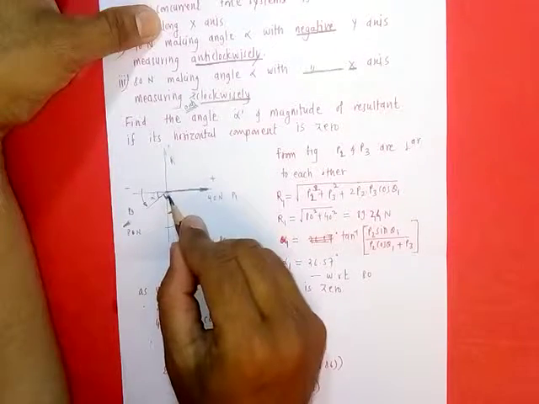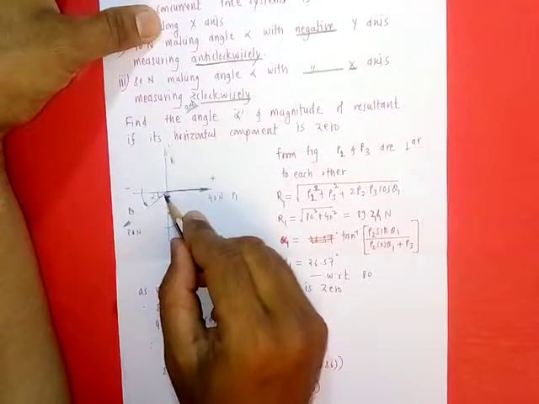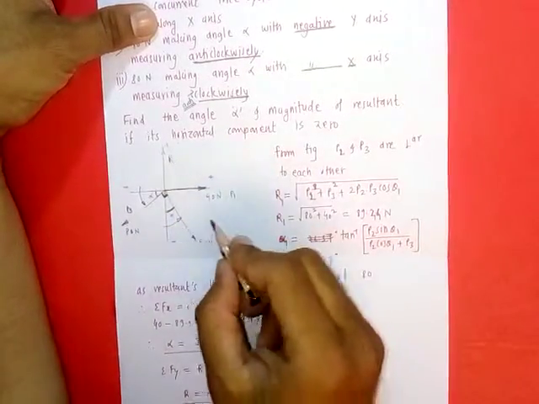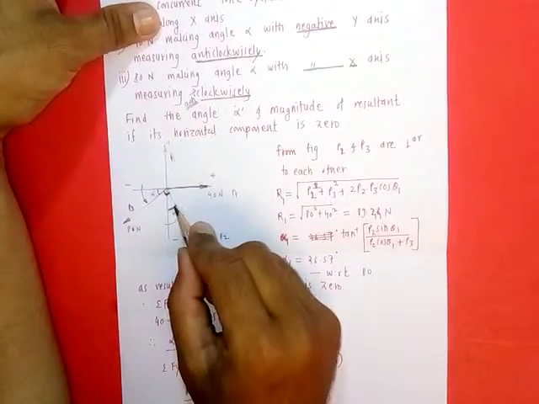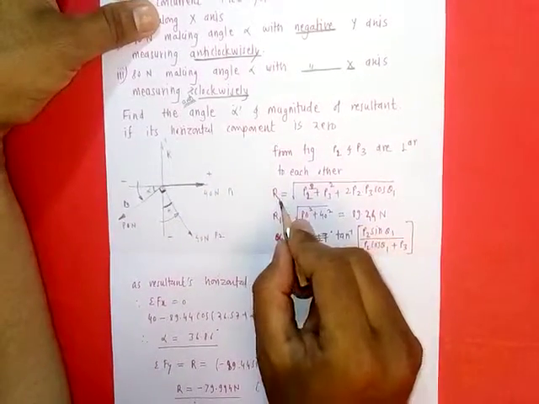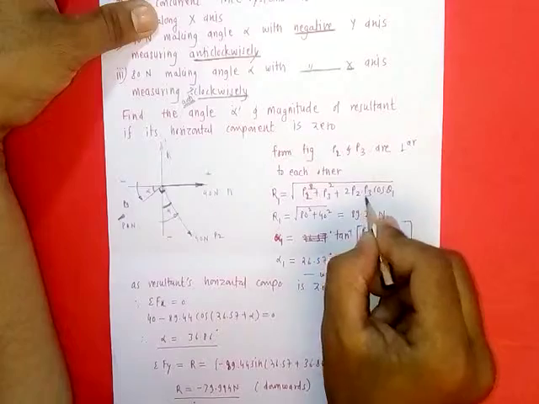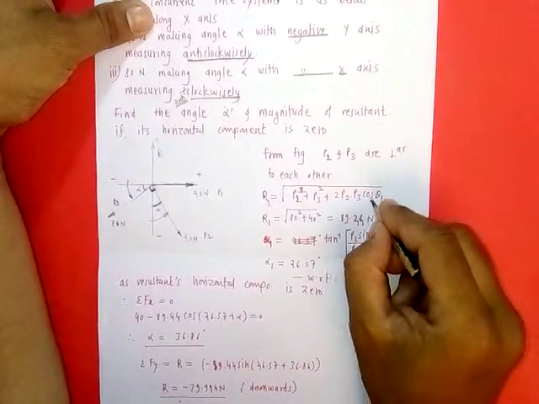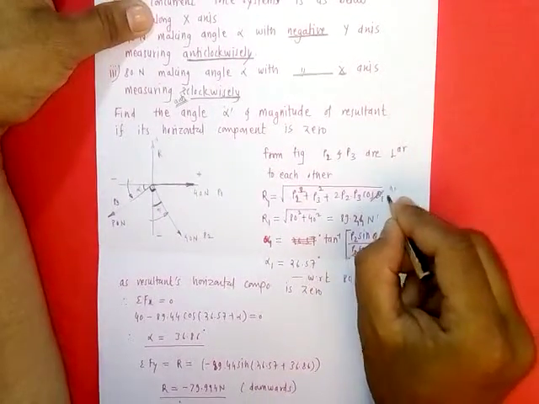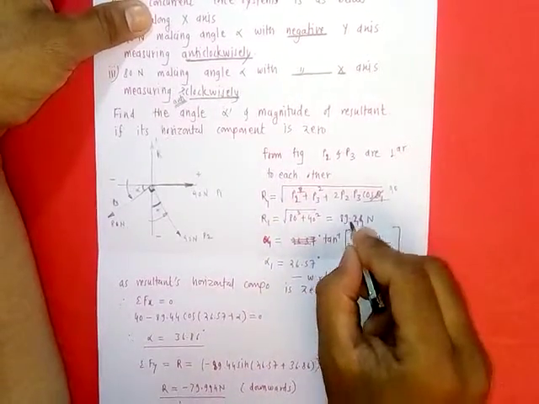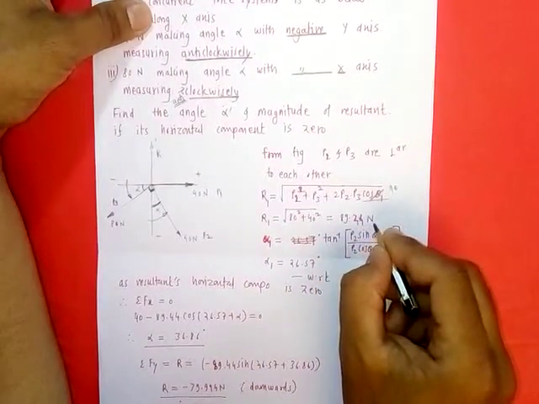Then first find out resultant of these two forces and its inclination, according to parallelogram law of forces. So R1 is equal to square root of P2 square plus P3 square plus 2P2P3 cos theta 1. Here theta is 90 degree, so cos 90 will be 0. So R1 is coming 89.44 Newton.